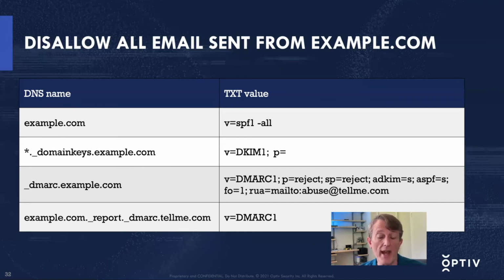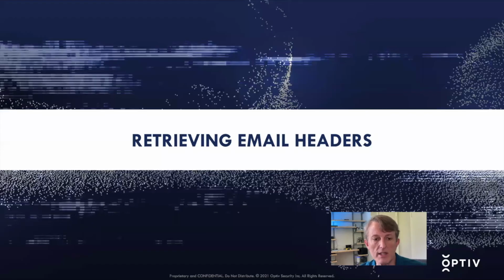In order to do that safely, there's a fourth record you need to set up, and it needs to be set up in the other domain that essentially says, yes, it's okay to send DMARC emails for example.com to tellme.com. And if you want to see an example of this in the field, look up the DMARC record for altavista.com. If you have an application that doesn't send emails from its own domain, you should have these three, possibly four records set up.